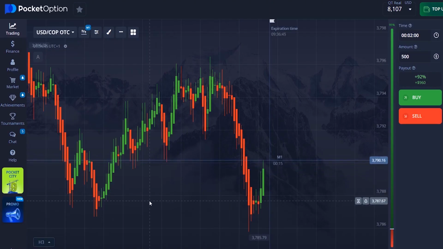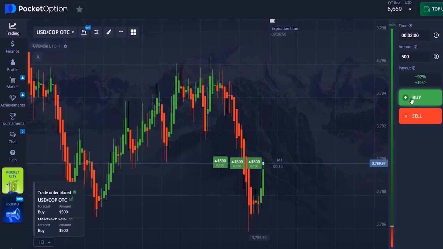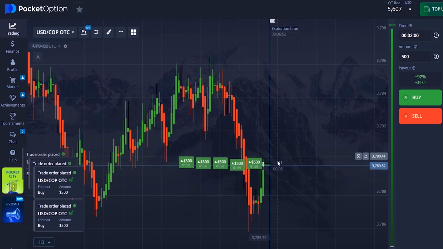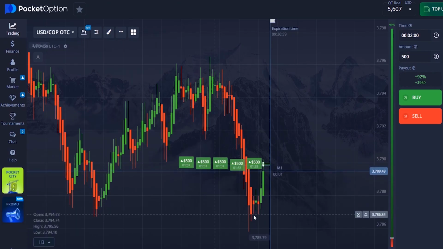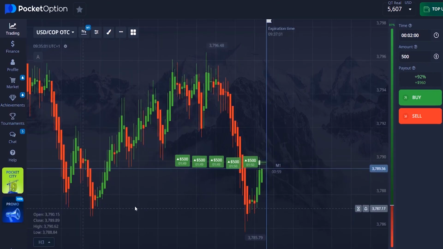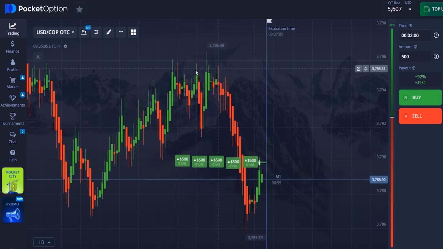Right here I'm finding an opportunity, going for an up opportunity. Right here, this is a support zone, and this might be a resistance zone right here.